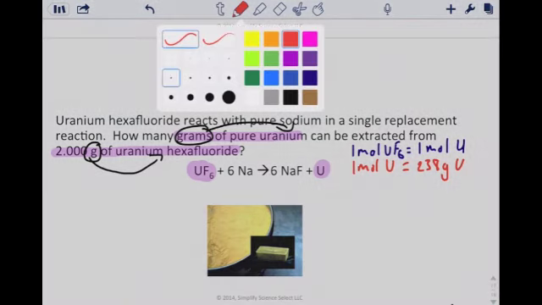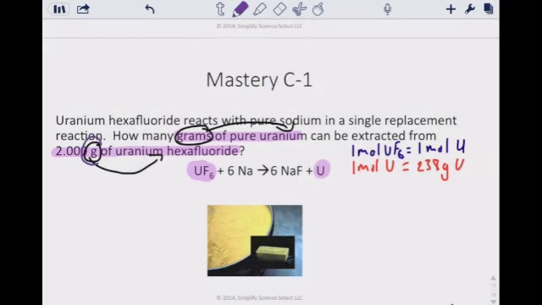Okay, and then since it said grams of uranium hexafluoride, we then need the molar mass of uranium hexafluoride. So we'll go ahead and write that one down. 1 mole of uranium hexafluoride equals 352 grams of uranium hexafluoride. And all we did there is just 1 uranium plus 6 fluorines, and that's its mass.